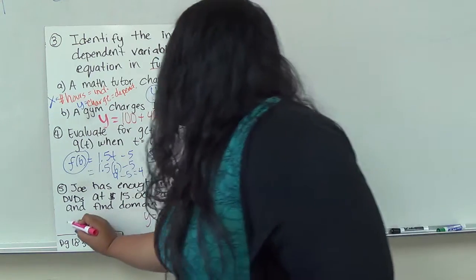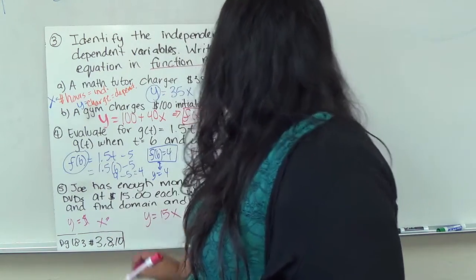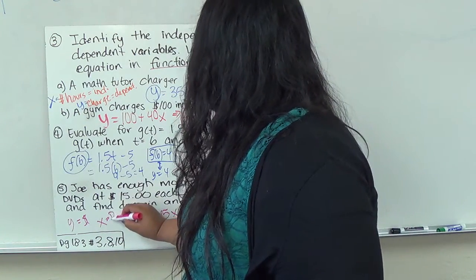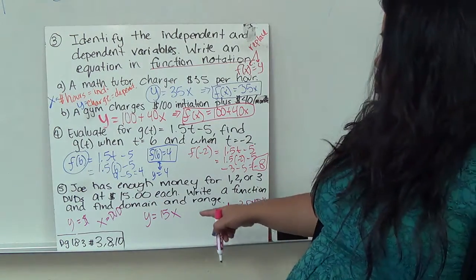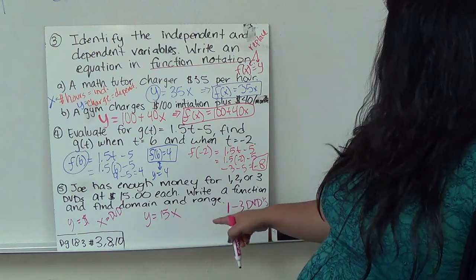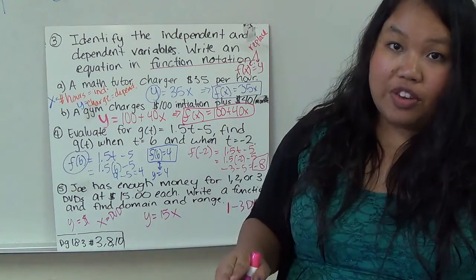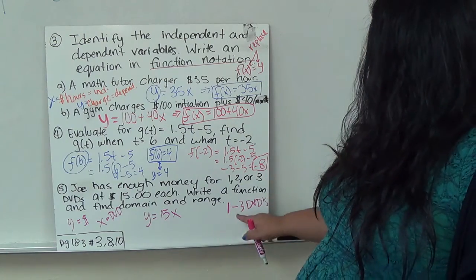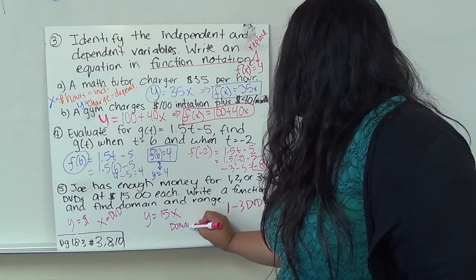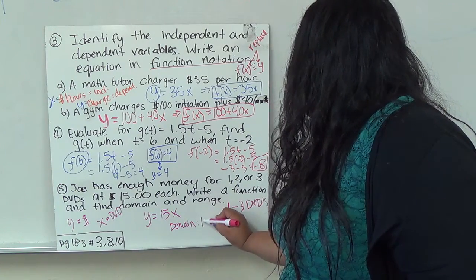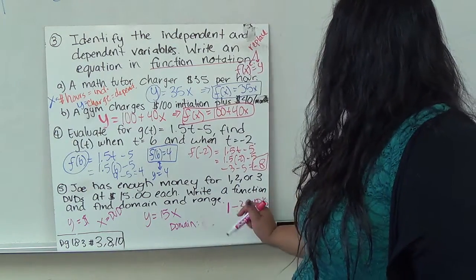So y is money and x is DVDs. So he can spend $15, $30, or $45. He can buy 1 to 3, so his domain, his x's, is 1 through 3.